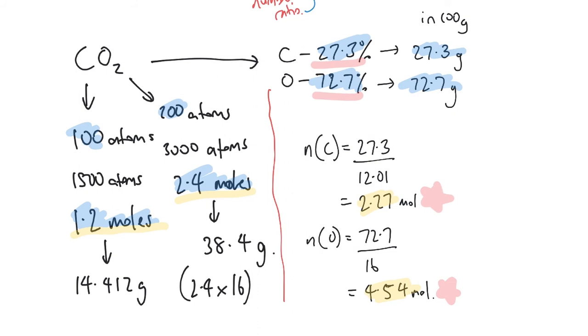It can't lead you to the actual ratio yet. So, we can look at 2.27 and 4.54 and say that, oh yeah, that's a ratio of 1 to 2. But if we really wanted to show this, we would have to do a calculation to turn those numbers into 1 and 2.